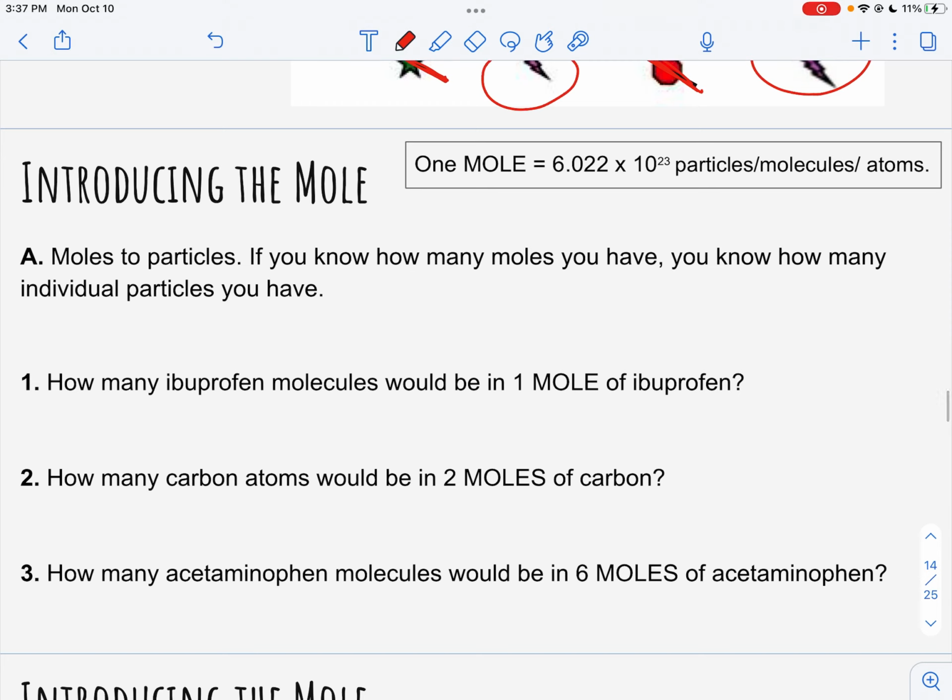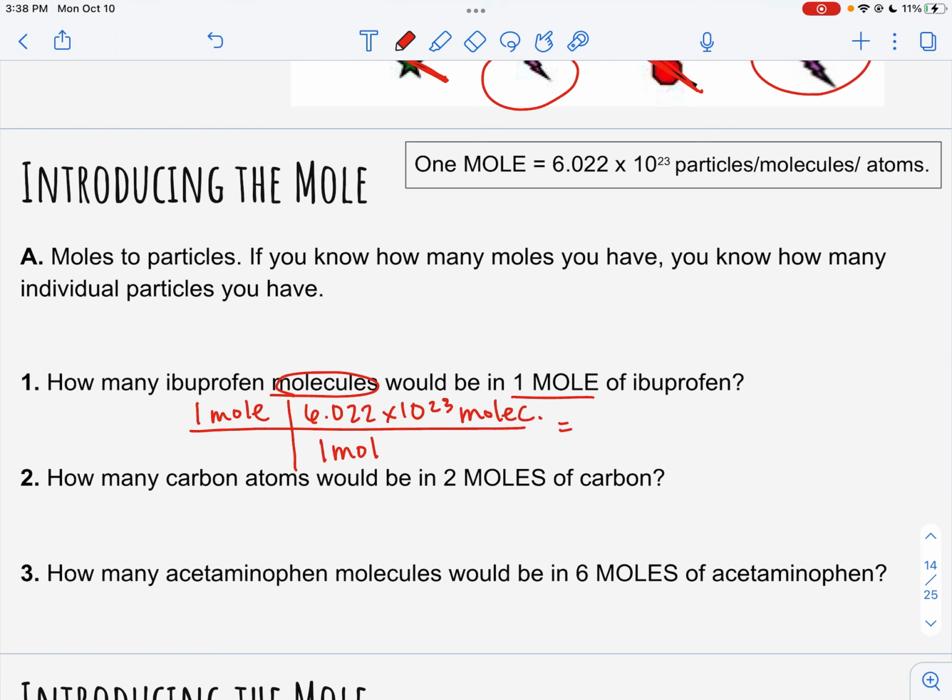So for our first calculations, remember, we always start with what we're given. So in this case, we're given 1 mole, and I want to know how many molecules. So when I set up my train tracks, since I have moles on top, I know I want moles on the bottom, and one way that we abbreviate mole is MOL, just lose the E. And I know that in 1 mole, there's 6.022 times 10 to the 23 molecules.